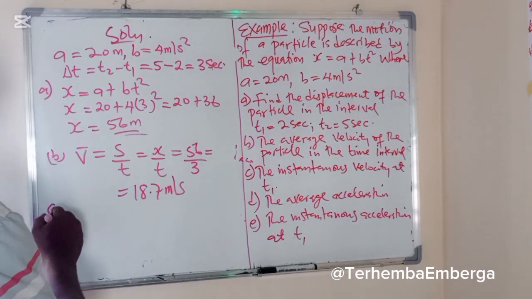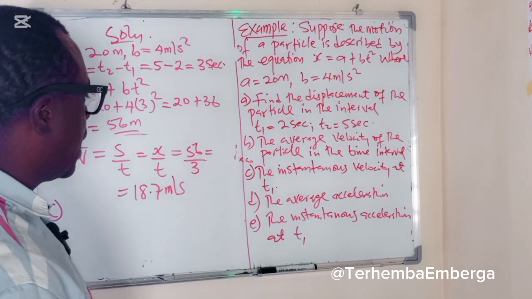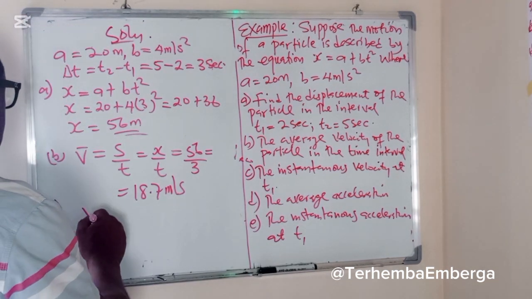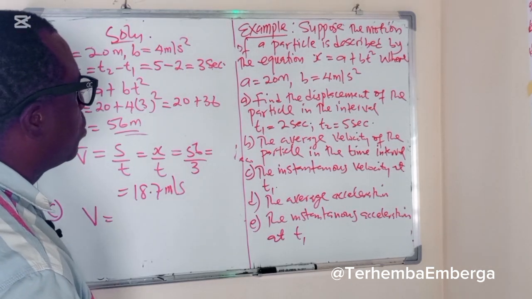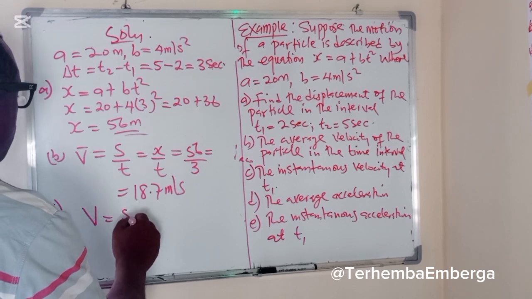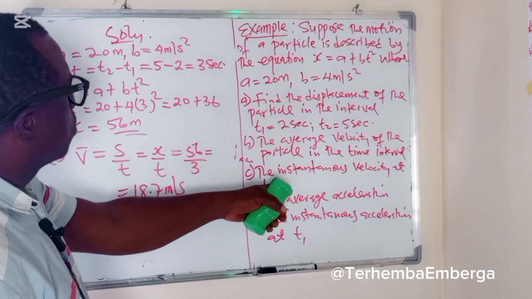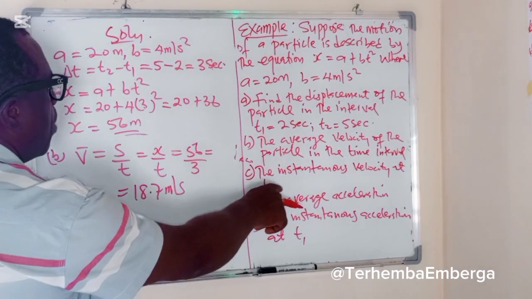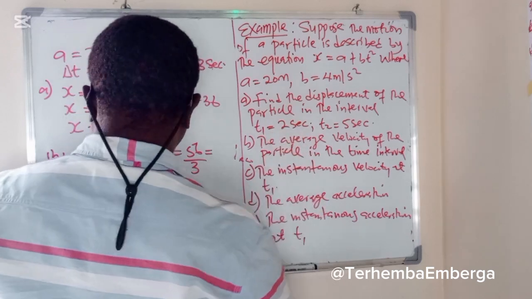Then the instantaneous velocity at that time. Displacement over time, but here we're talking about T1, that's specific about T1. And what is T1? T1 is 2.